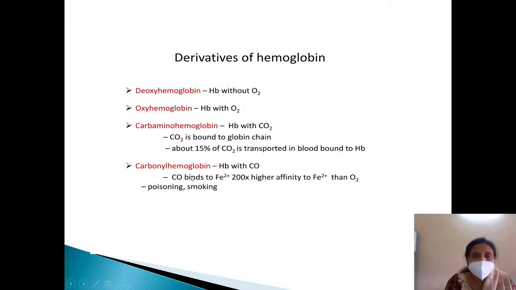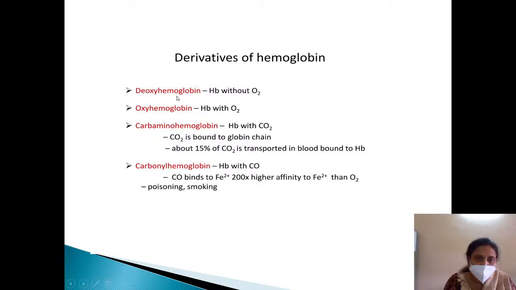And the next one is carboxyhemoglobin, that is hemoglobin with carbon monoxide. So this is the abnormal one. These three are the normal ones: deoxyhemoglobin, that is reduced hemoglobin, hemoglobin without oxygen; oxyhemoglobin, hemoglobin with oxygen; carbaminohemoglobin, that is hemoglobin with CO2.